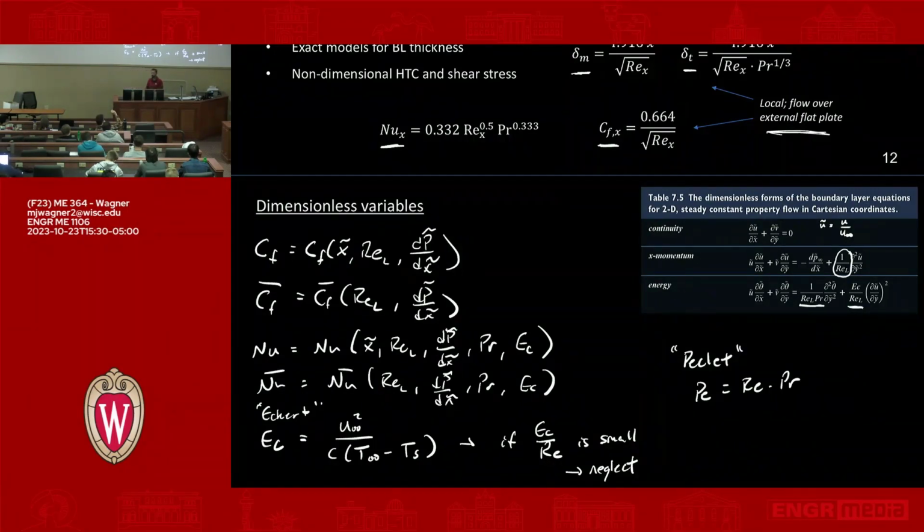Right? Yeah. When you say it's small, like how small? What magnitude? Well, okay, so normally Reynolds number is going to be a big number, right? Prandtl's going to be somewhere around 1. So if you have, let's say, Peclet number that's less than 1, right? That's saying, if you think about it, that's a really, really slow flow, right?